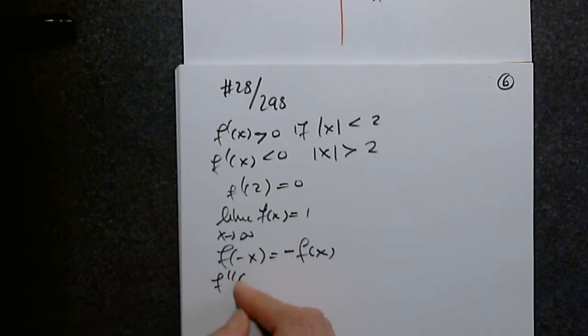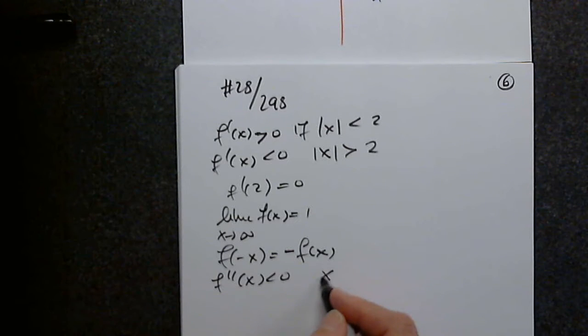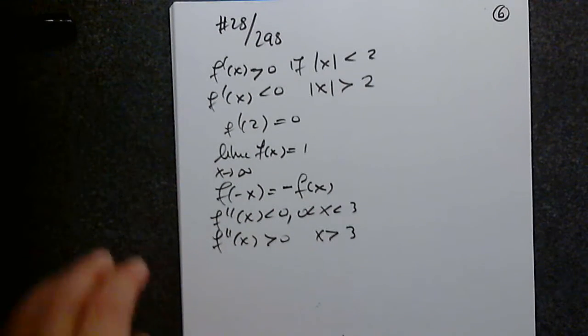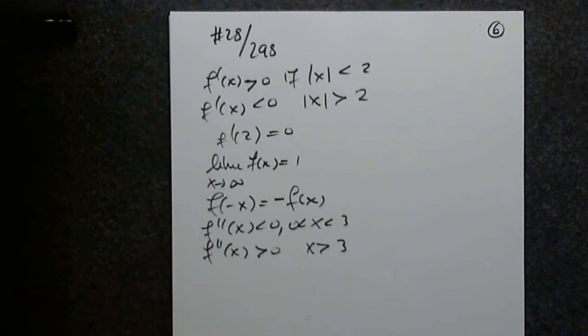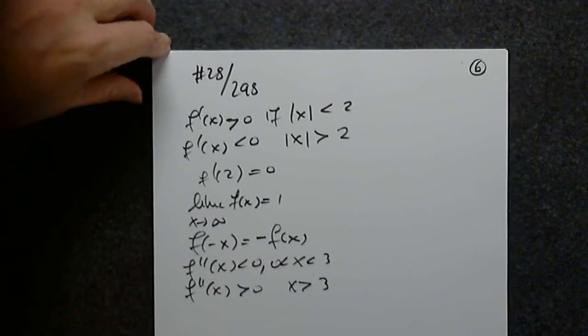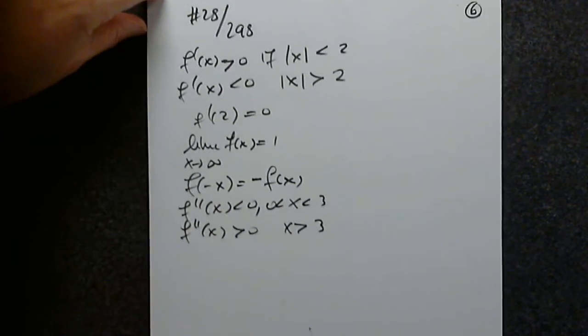Then f double prime is less than 0 for x between 0 and 3, and f double prime is greater than 0 for x greater than 3. Okay. We have all the information. We will need to summarize the entire thing in a table. Once we summarize it, then we will be able to graph.